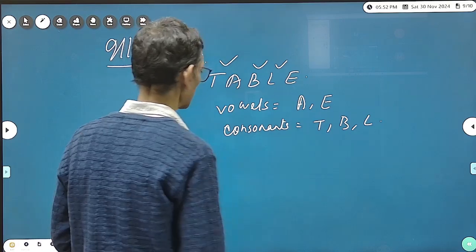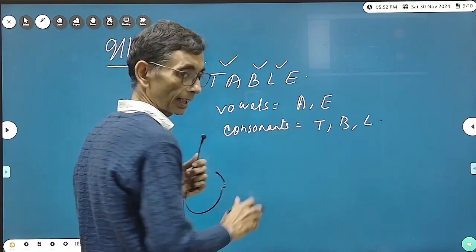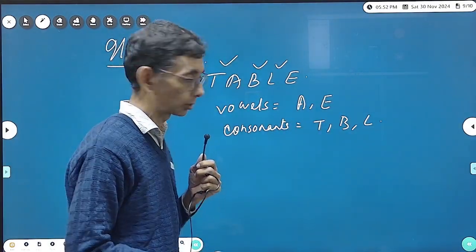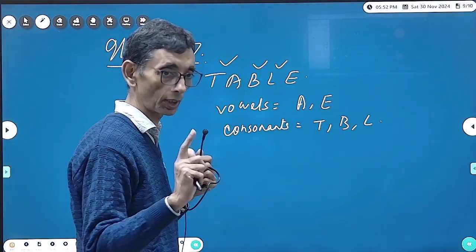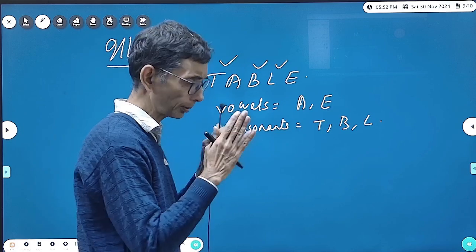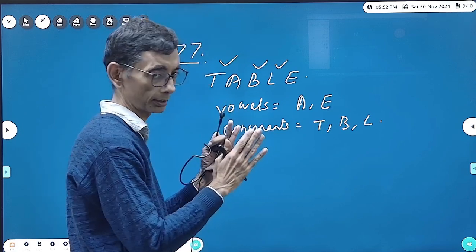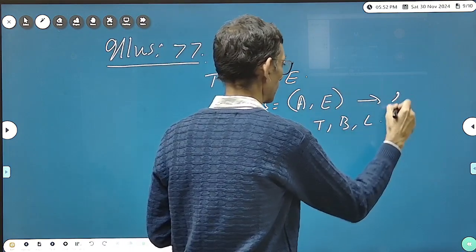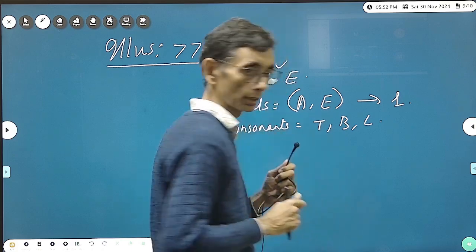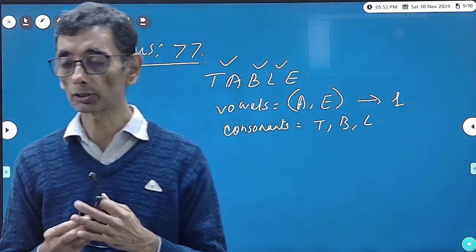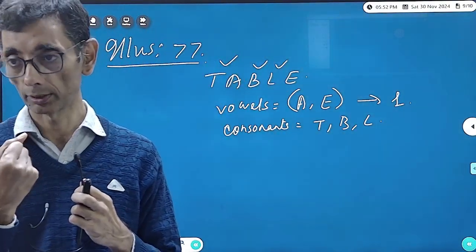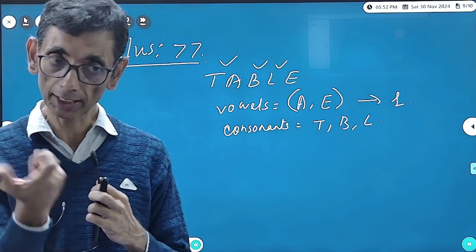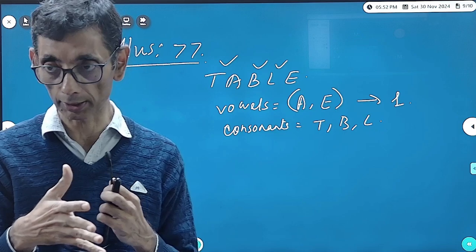So let's do one thing. Vowels have to stay together, so we'll just consider the two vowels as one letter, because we want to keep them together.